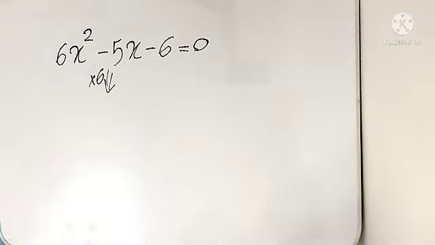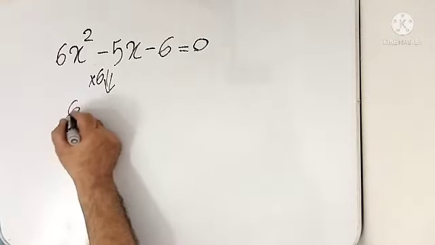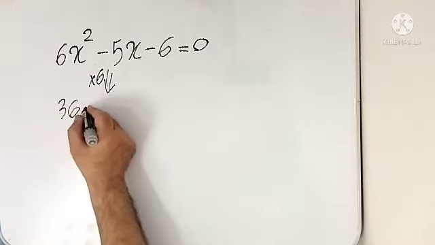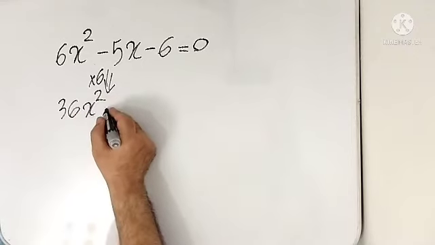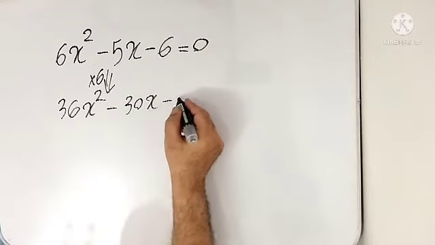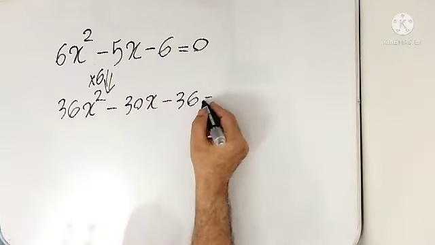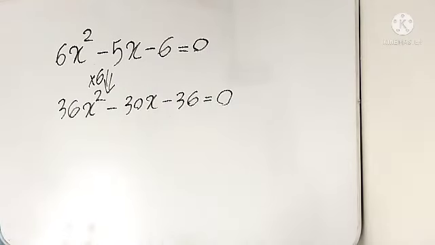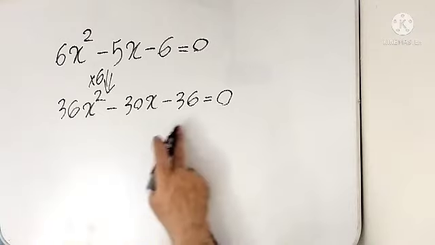If we multiply both sides by 6, we have this equation.